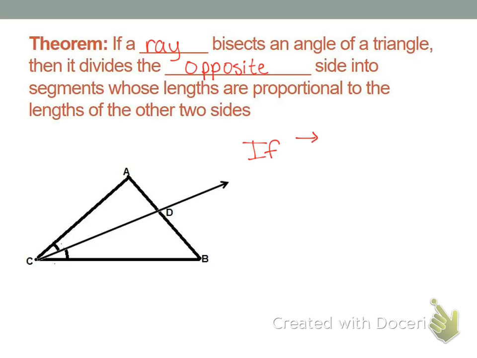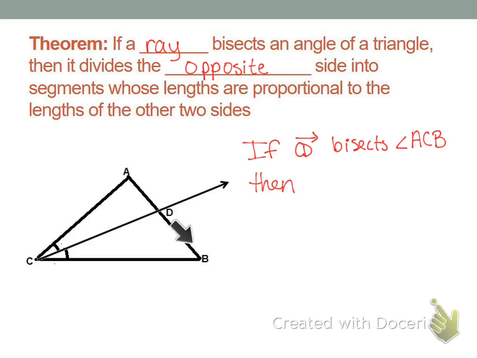If ray CD bisects, what does it mean to bisect? Split it into two congruent parts. Bisects angle ACB. If that happens, then there are, again, multiple possibilities for how to set this up.